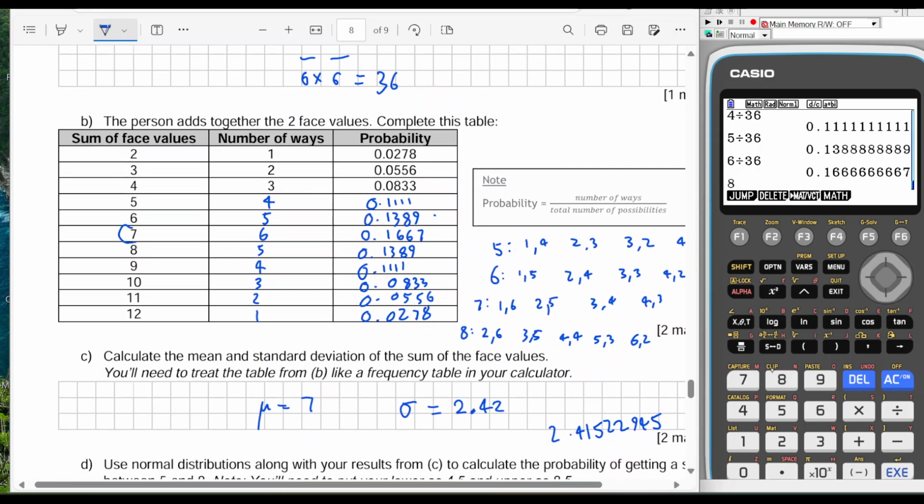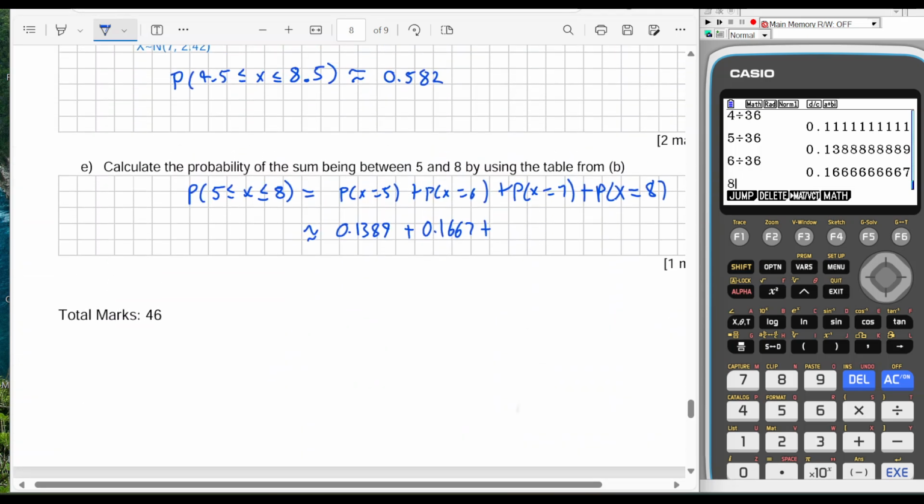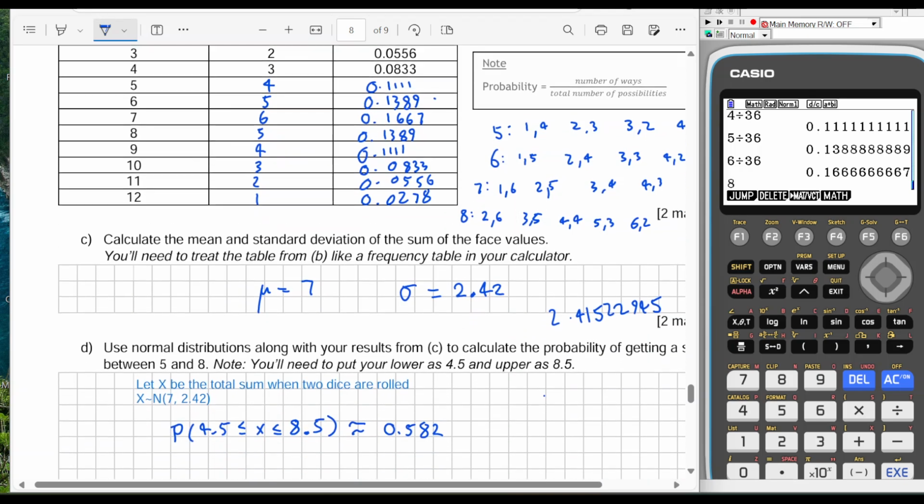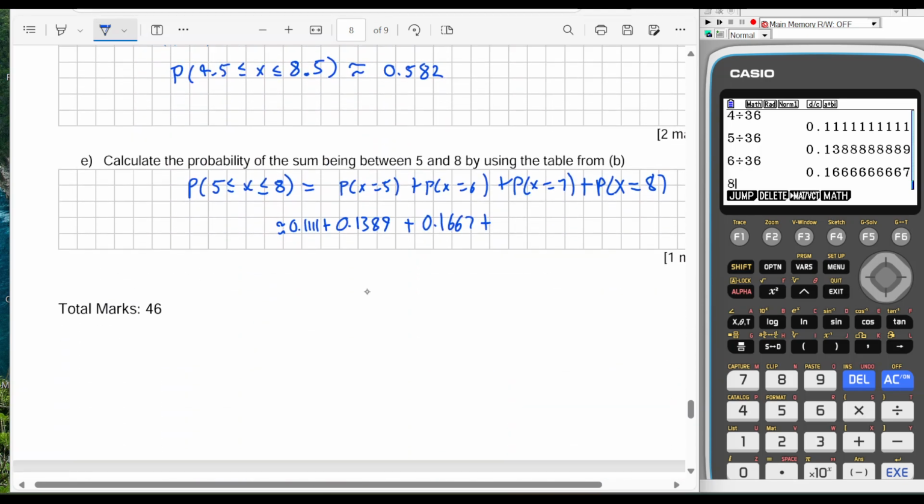The probability that x is 7 was, oh, sorry, I'm off by 1. 0.1389, 0.1667. So that should have a 0.1111 at the start. And then we've got to go, where was it? Probability that we equal 8, so that's 0.1389 again. And we'll see what that gives us.